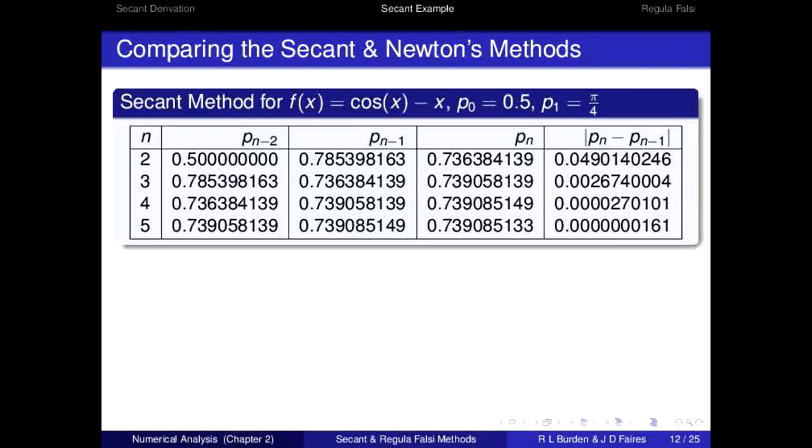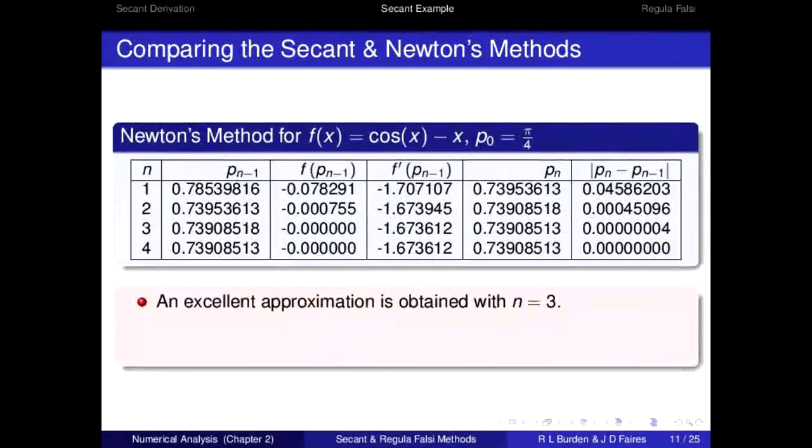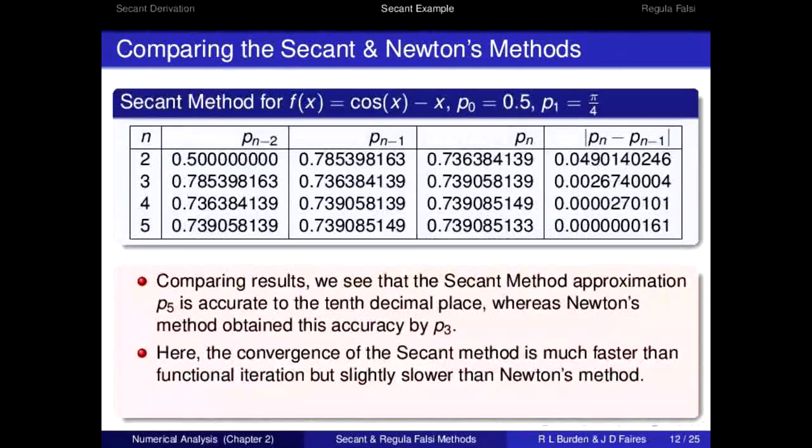If I apply Newton's method, the root is also 0.7391, but Newton's method is a much faster converging method. The secant method also shows the correct value. Newton's method is more accurate and faster converging, but the secant method is also a very good method because it doesn't require the derivative, so we don't have problems with derivatives being impossible or varying.